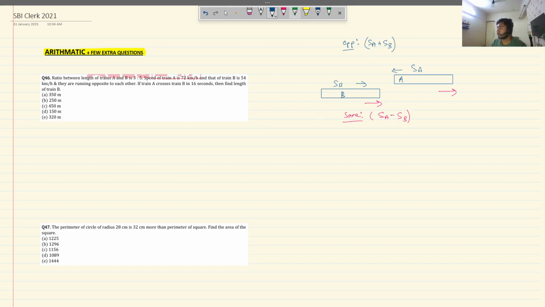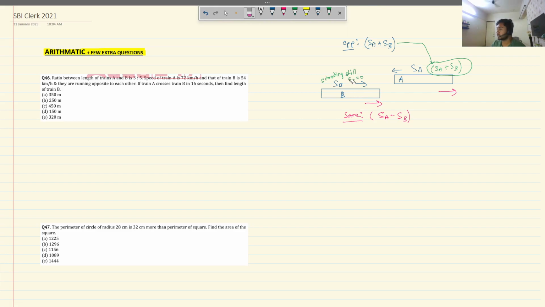The concept of relative velocity that I want you to understand is this: if I say that my train A is moving at a speed of SA plus SB, then train B is standing still, as if SB is 0. It does not have any velocity.